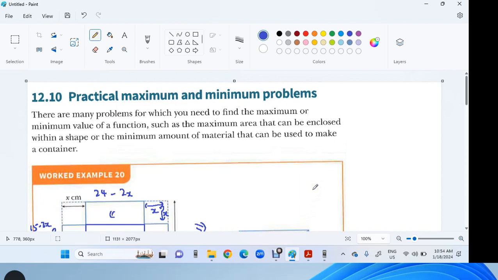In mathematics, if you want to find a maximum value, the first thing that must come to your mind is dy/dx. Integration is the inverse of differentiation, and that one will be area. So dy/dx is for the maximum or minimum. We find maximum and minimum with dy/dx.